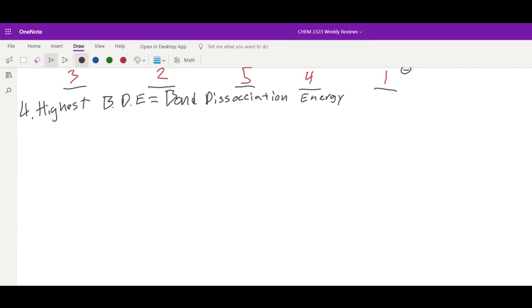Okay, and I also mentioned in the previous weekly review that it is a complete opposite trend of radical stability. Okay, and radical stability, so the complete opposite would be vinylic, methyl, 1, 2, 3, allylic, benzylic.